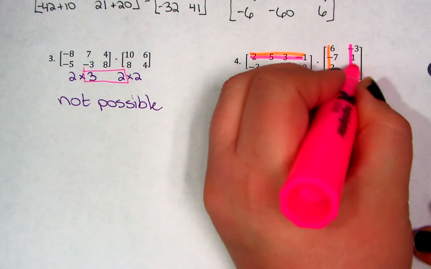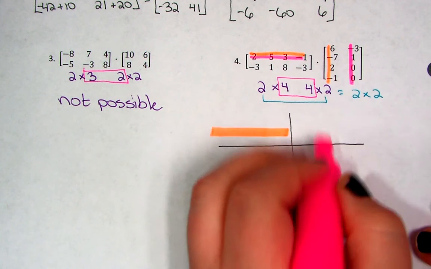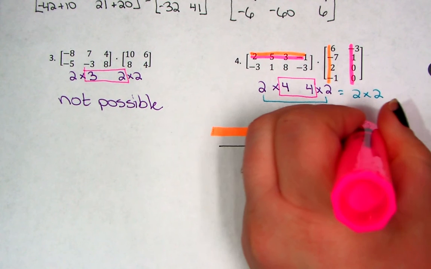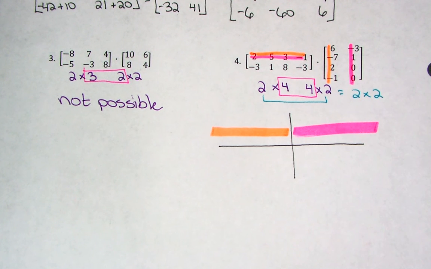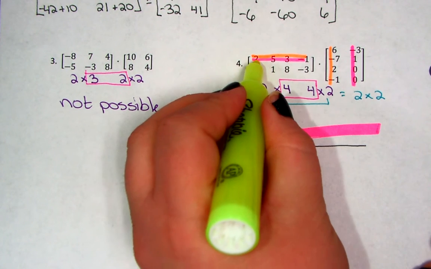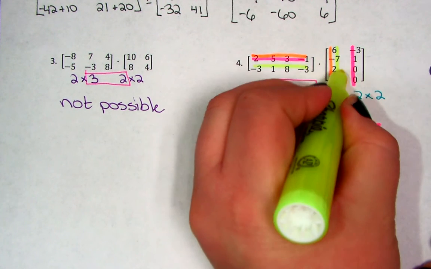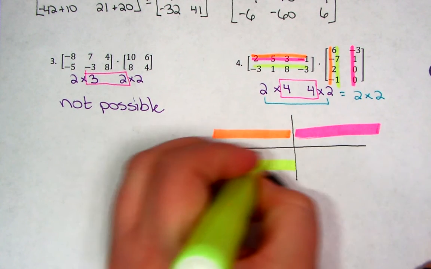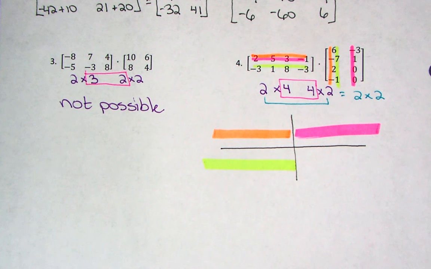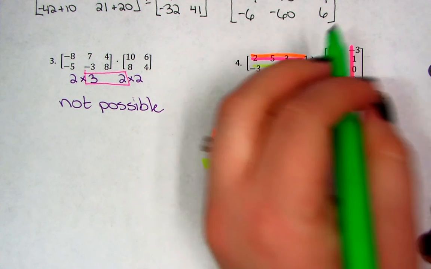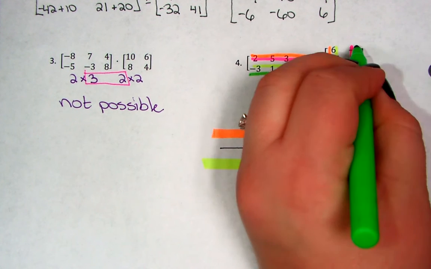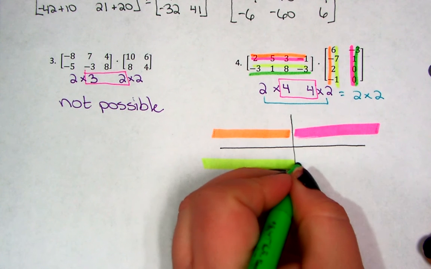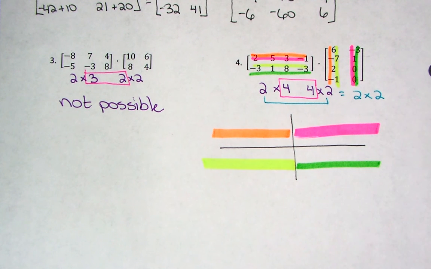First row, second column. Second row, first column. And then finally, second row, second column, and there's only one blank left. It's got to be the second row, second column.